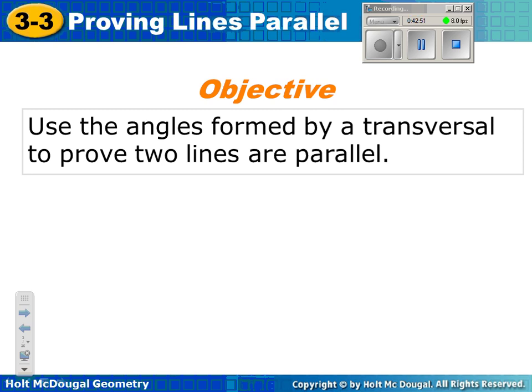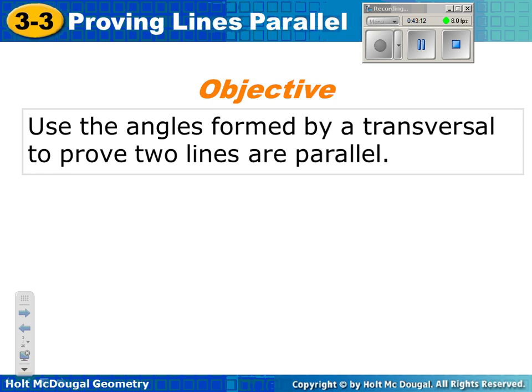It's going to say if 2 lines are cut by a transversal so that the corresponding angles are congruent, then the 2 lines are parallel. So it's just going to switch. It's going to allow us to prove that lines are parallel. That's going to be our goal in this section.